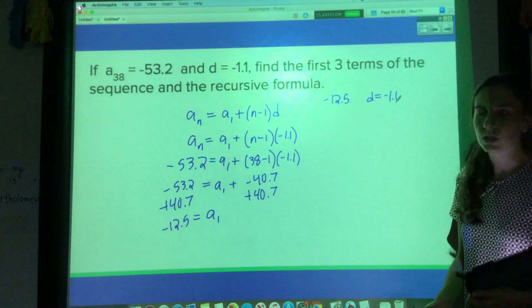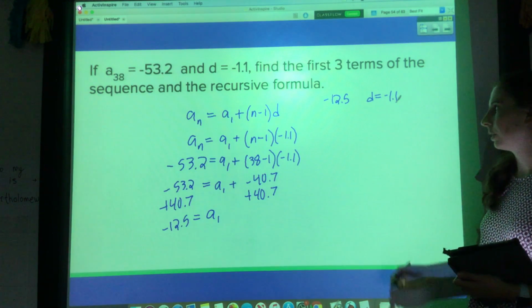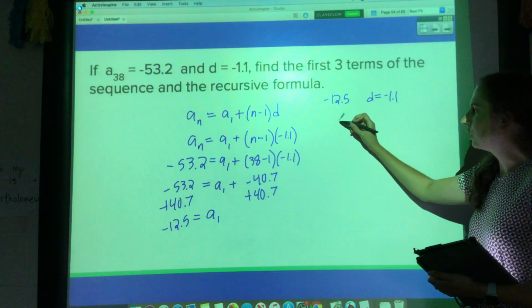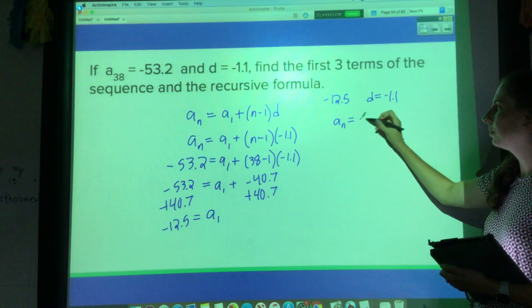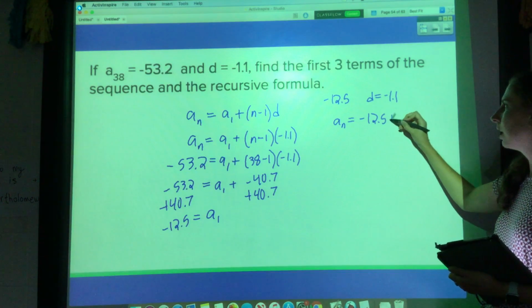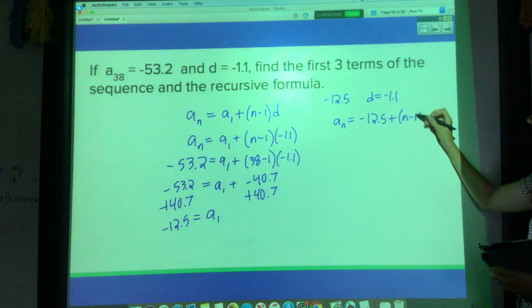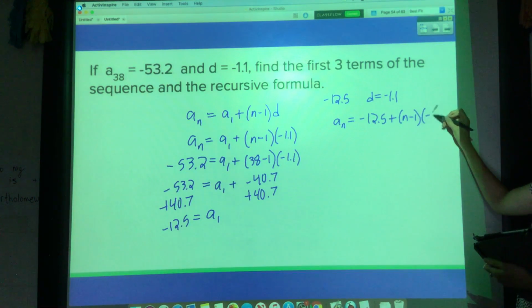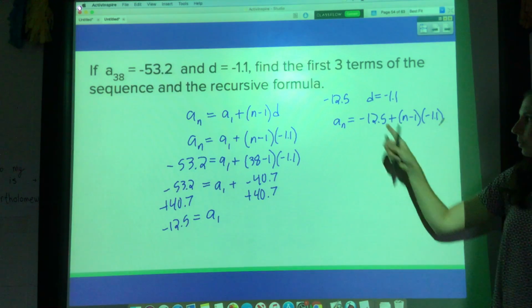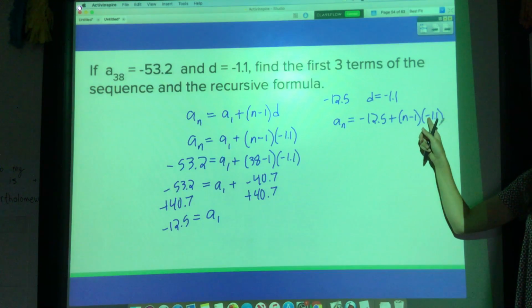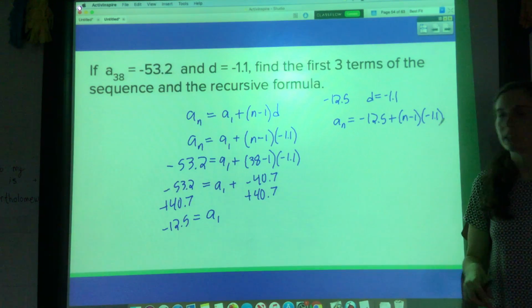So to find an explicit formula, I would just do A n equals the first term plus n minus 1 times the common difference. I'm just filling that into the formula from the formula sheet. You fill in A1, you fill in the common difference. Leave n because that's part of the formula.